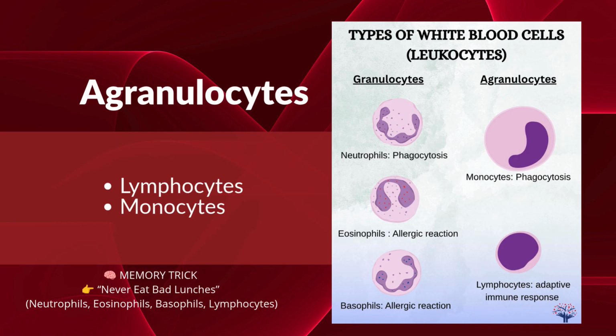Lymphocytes are round with a thin rim of cytoplasm mostly. Monocytes have a folded nucleus, gray-blue cytoplasm, and are the largest white blood cell. And then you'll have minimal cytoplasm with the nucleus when we're talking about blasts.